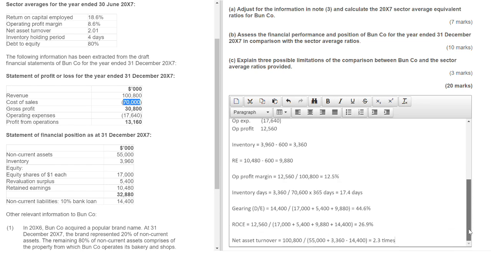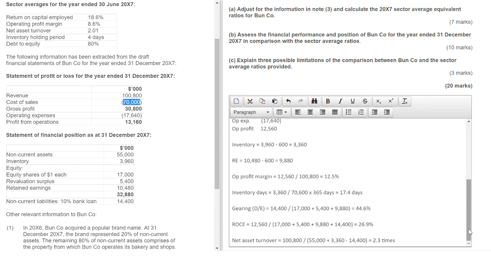Once you've done that, you're away, and then you could calculate the various ratios. Again, get the easier ones first, operating margin. And I think what you then need to bear in mind is that all the other ones, inventory days, gearing, return on capital employed, net asset turnover, will all have been impacted by your adjustment.